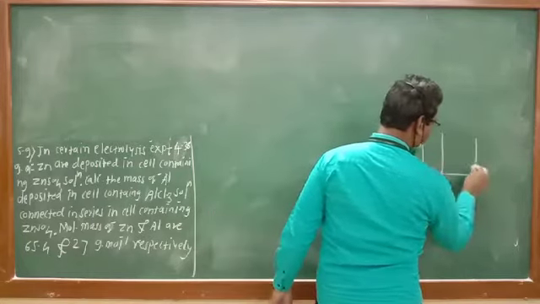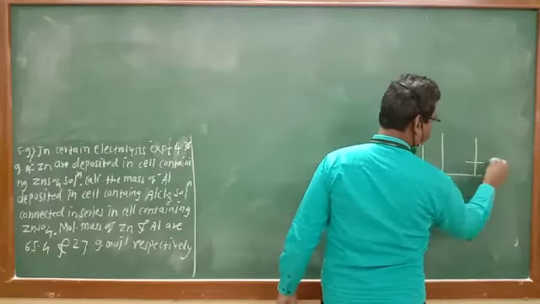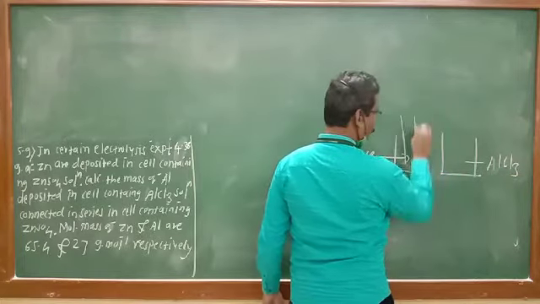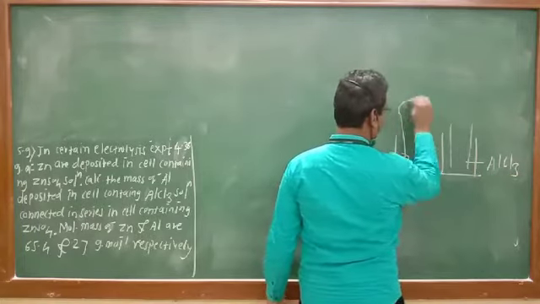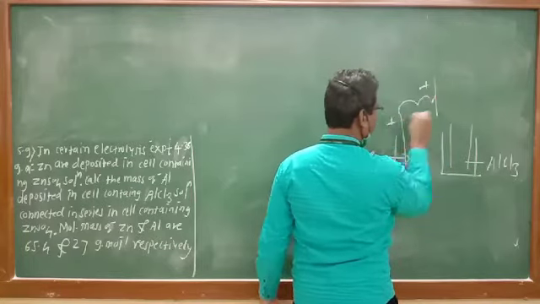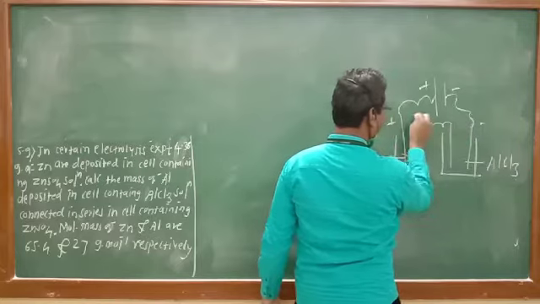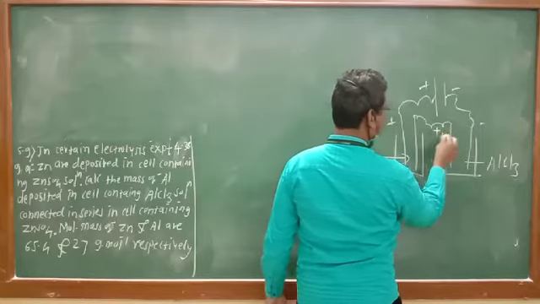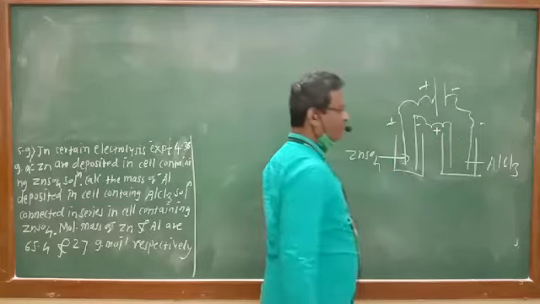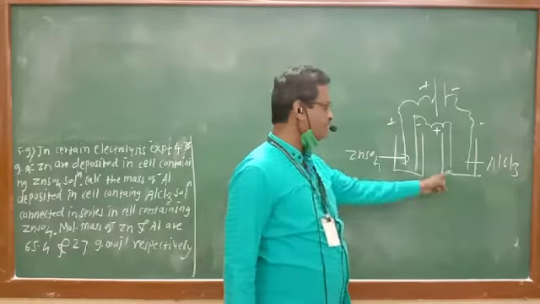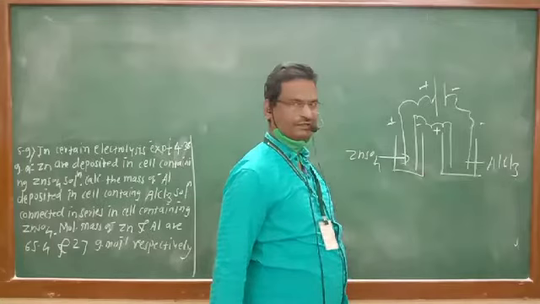In another beaker, they have taken a solution of aluminium chloride, and these are electrolyzed simultaneously, so the same quantity of electricity is passed through the two electrolyte solutions.